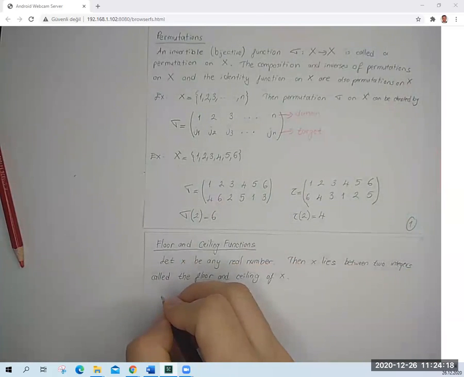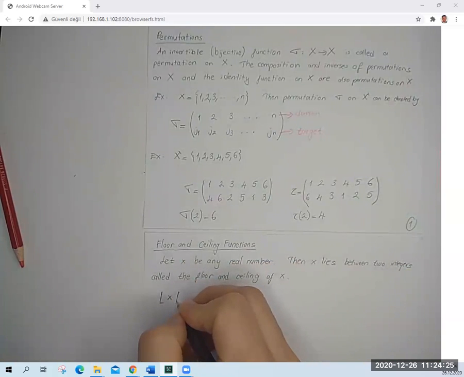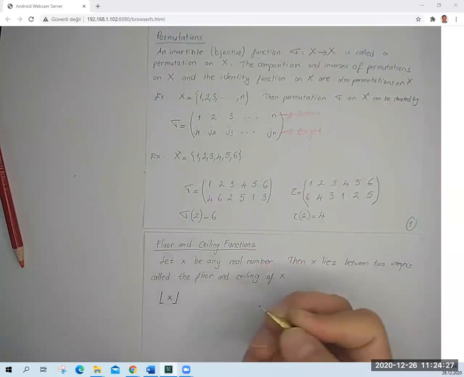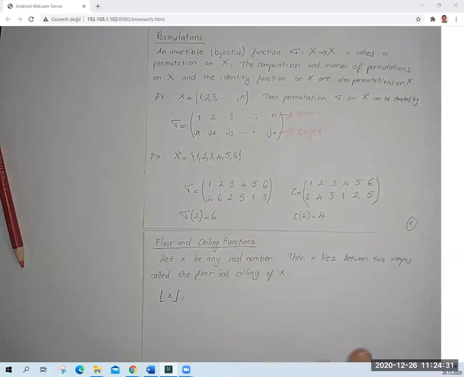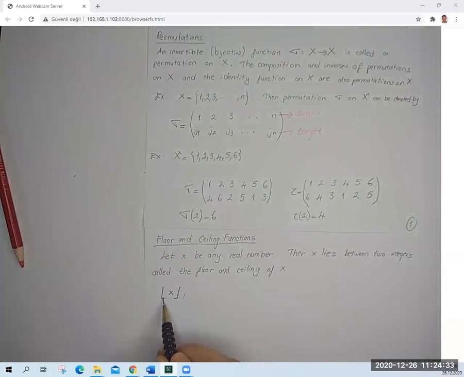It means if we represent x like that symbol, this is the floor value, this is showing the bottom side of x.